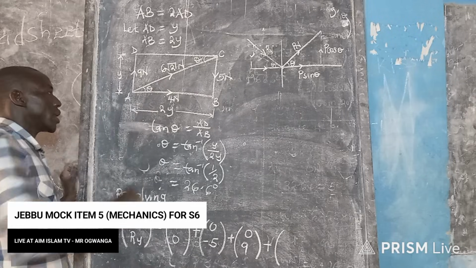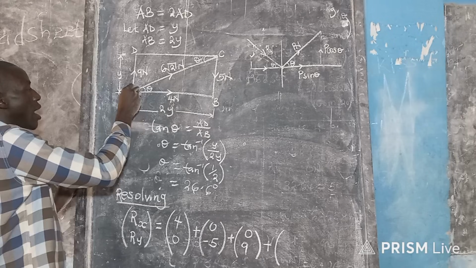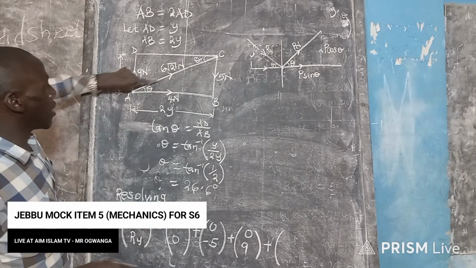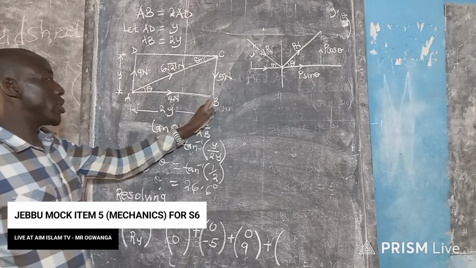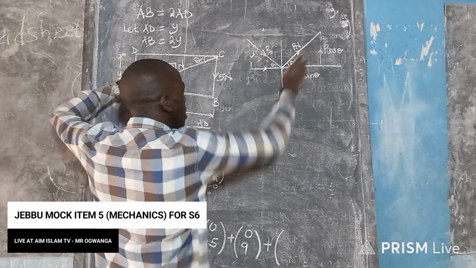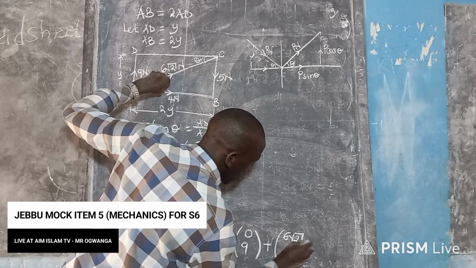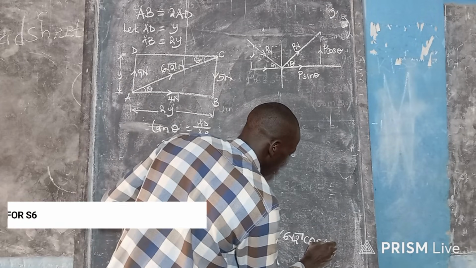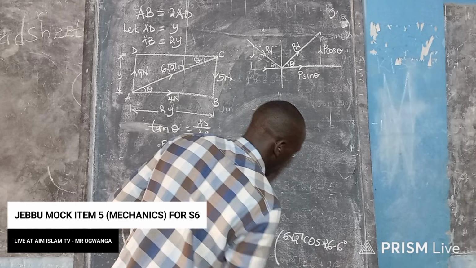Bringing now into this one here, you realize that this one here will be having its point of action here, and then we are going to meet at that point. If I try to follow the direction, you realize that it is going to move on the positive side, that is for x, and on the positive side, that is for y. So on x, basing on that, you're going to have 6 root 2 cos of our angle, which is 26.6 degrees.